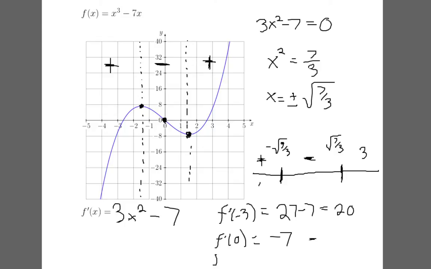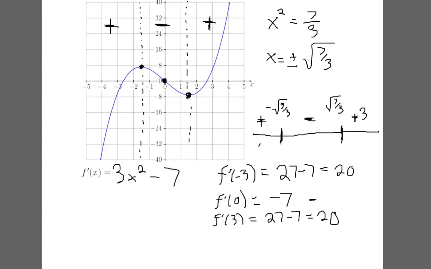So we'll have f prime of 3. That's again 27 minus 7, which is 20. And we see in this graphical representation it goes plus minus plus, and we found through our critical point analysis it goes plus minus plus. All right.